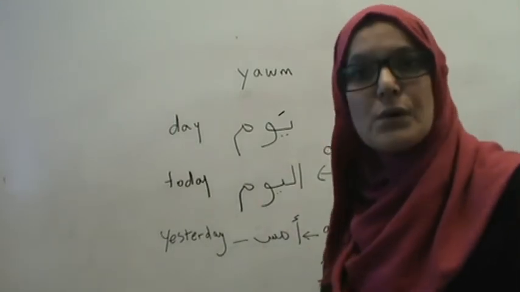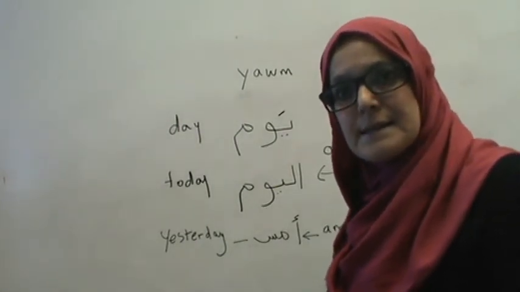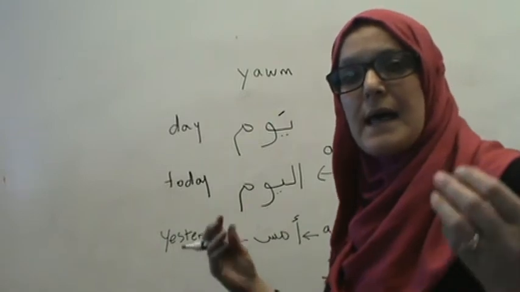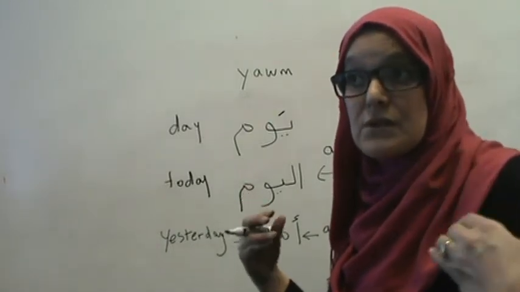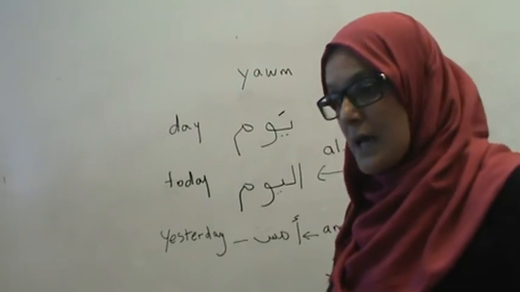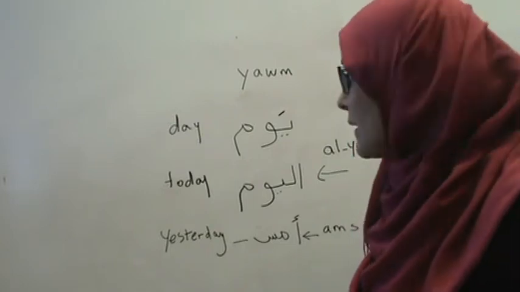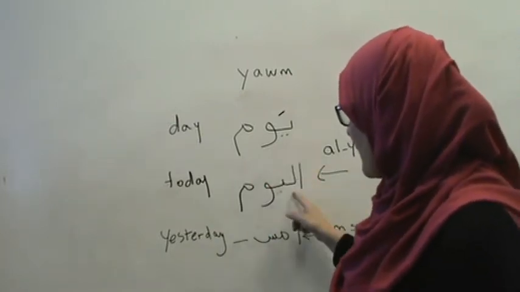We need these to speak, like: today I did this, yesterday I also did this, and today I am going to do something in the afternoon or evening. These are يوم, اليوم, أمس.